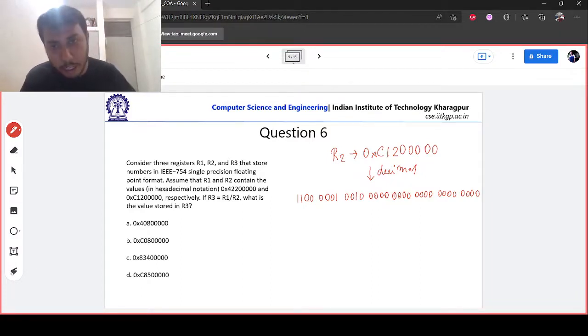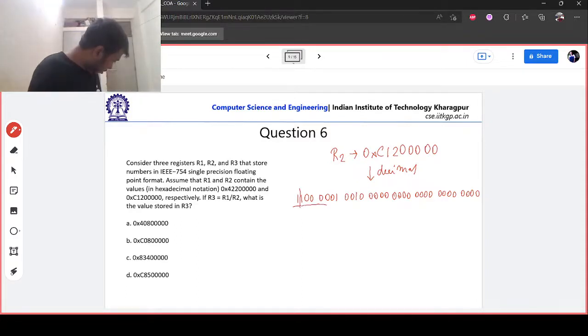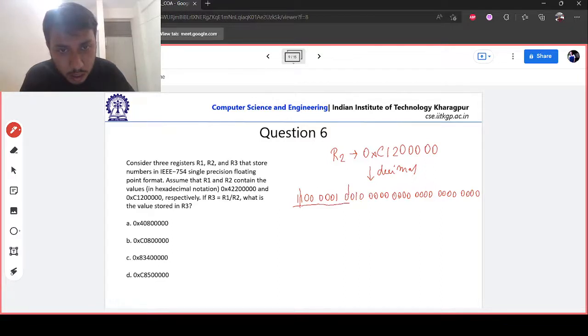Now, like previously, we will again do the same thing. We will divide it into S, M, and E. So this is the S part, this is the M part, the E part, and the rest is the M part.